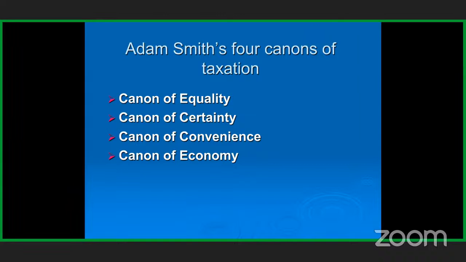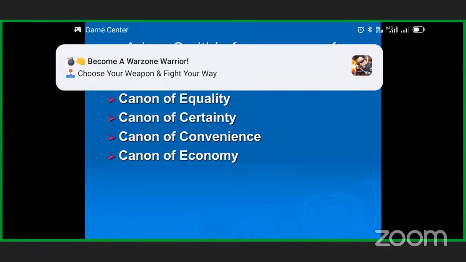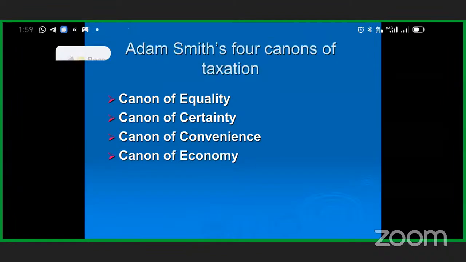For instance, in India, the salaried class pays income taxes at the time of receiving salaries. As in case of consumers, paying sales tax is convenient at the time of purchase of goods and services. Hence, it is included in the price.